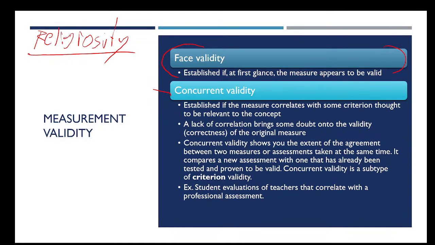So you would assume that there's a correlation between religious service attendance and religiosity, that it's a measure that makes sense. If there isn't a correlation, the lack of a correlation would bring doubt to the correctness of the measure that you're proposing, right?